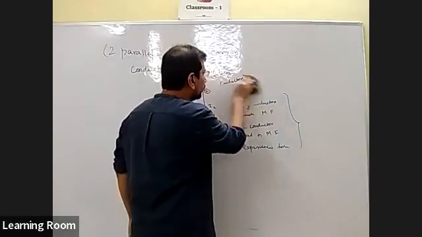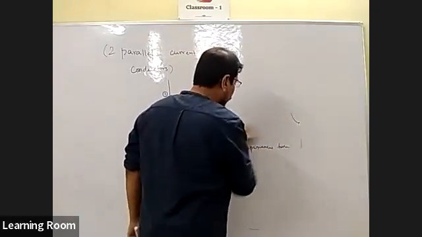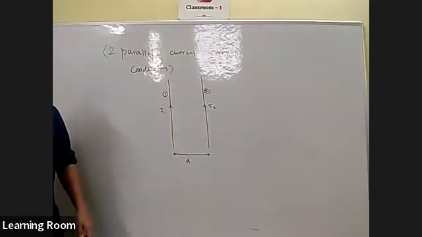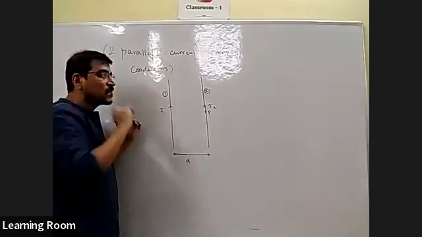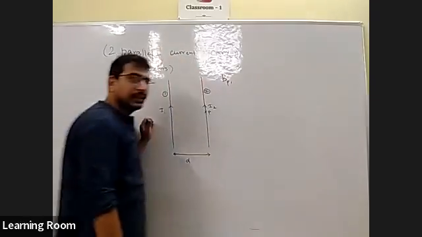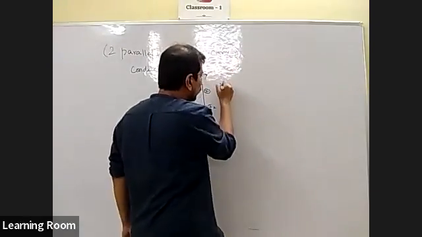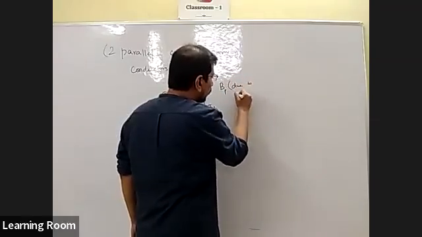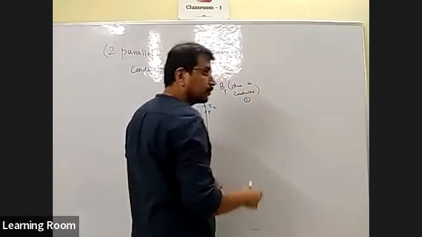So I hope you have written this point. What will be the magnetic field generated by the first current carrying conductor at point 2, or I will call this point P? Magnetic field at point P due to conductor 1 is how much?